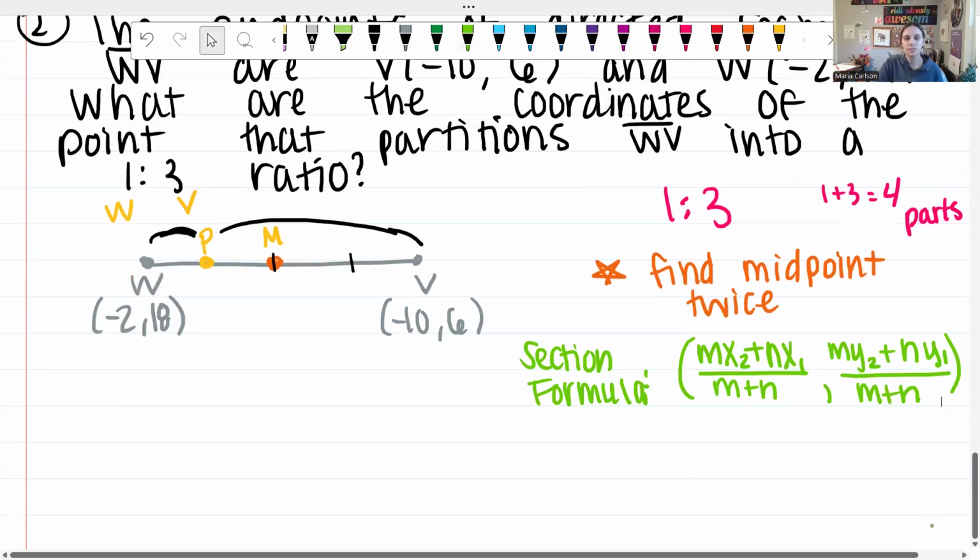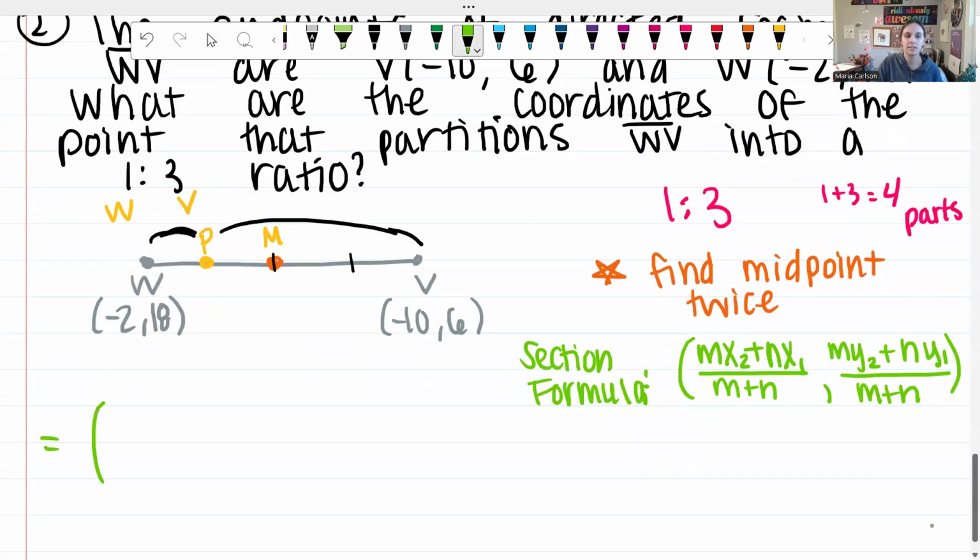What I like to do for this first is I kind of like to rewrite this and use my M and N. So what are M and N? Well, we have this ratio 1 to 3. So this is like M is 1 to N is 3. So I'm going to rewrite this. They both are fractions with plus signs in the numerator and the denominator. And now our M is 1.